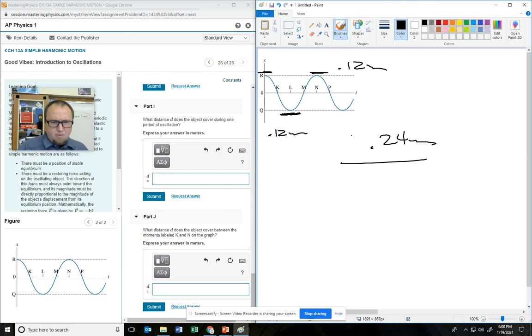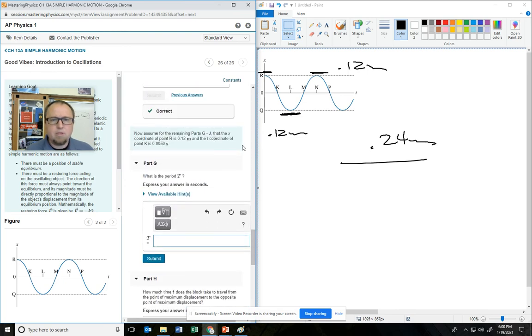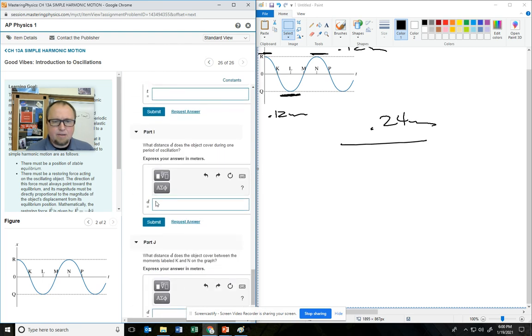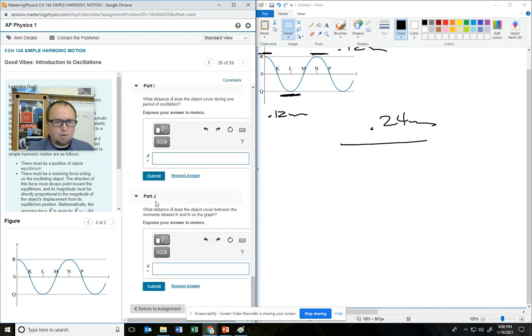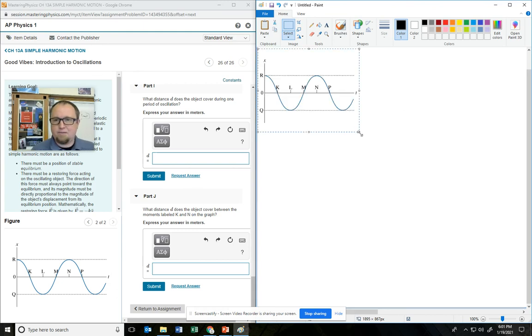What distance d does the object cover between points labeled K and N? Oh, now they're getting tricky. I'm going to make sure that number is correct. 0.12. Yep, 0.12. So it says from K to N. Let's highlight that.